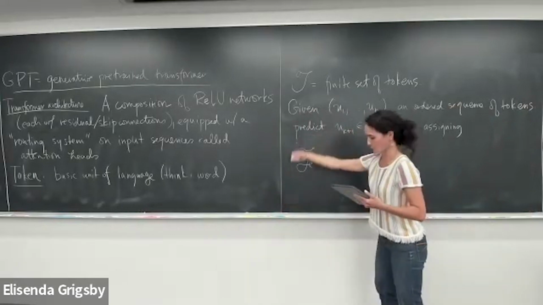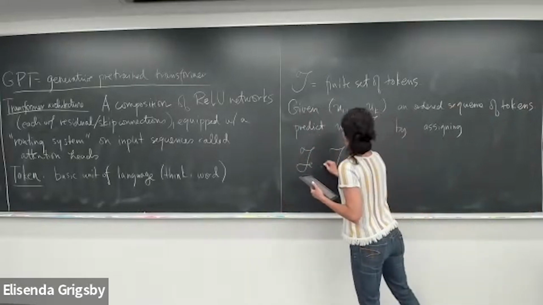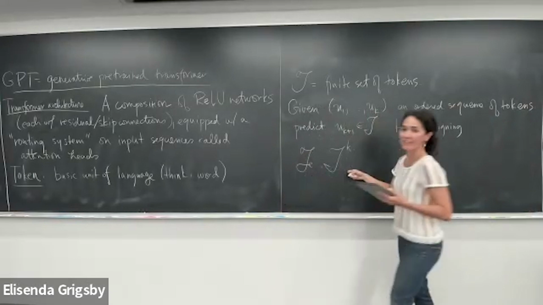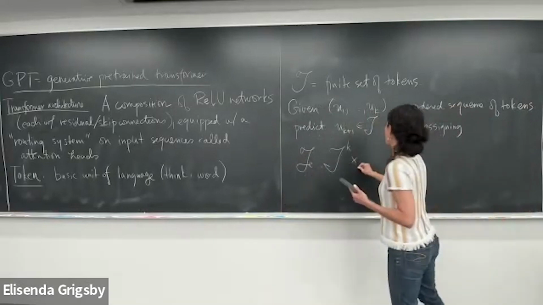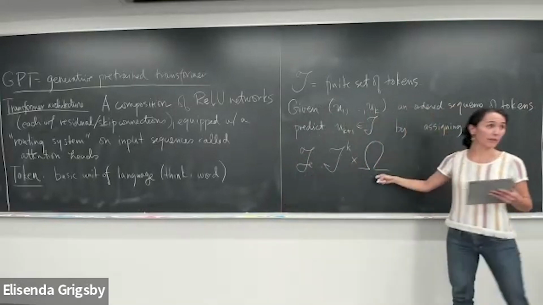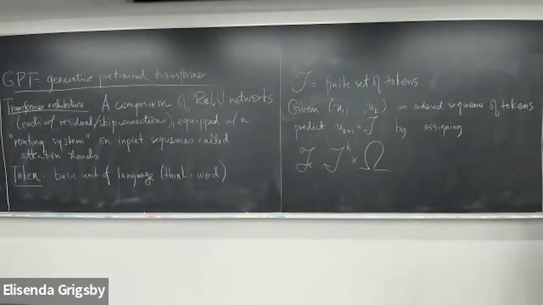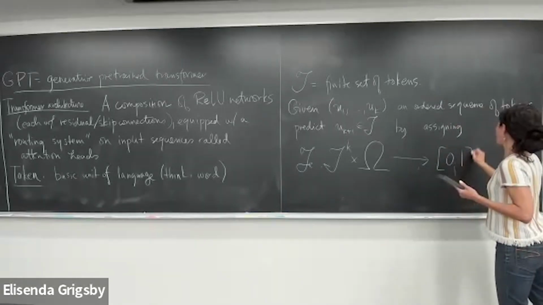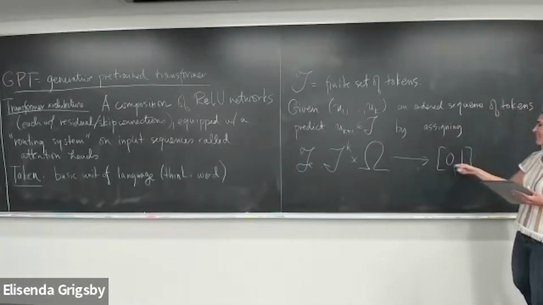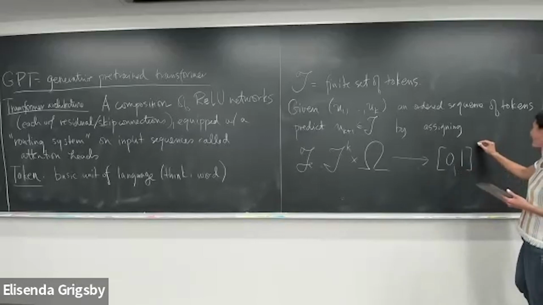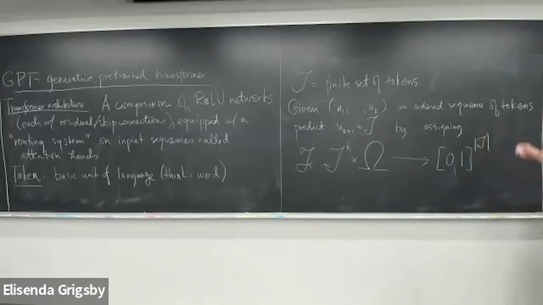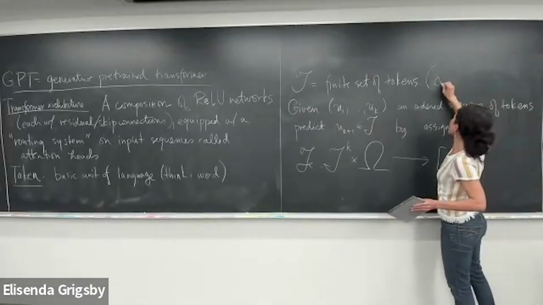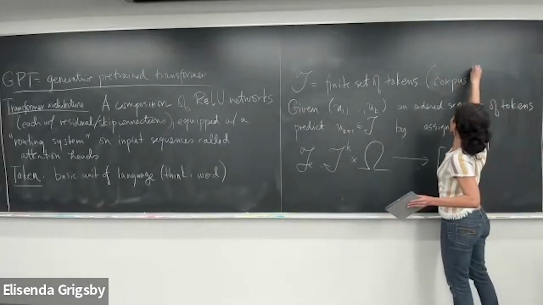So this parameterized class of functions is taking, say, length k sequences of tokens. And for each parameter in the parameter space, where omega is always in my class representing the parameter space, you assign one real number between 0 and 1 to each of the tokens in your corpus, your language.